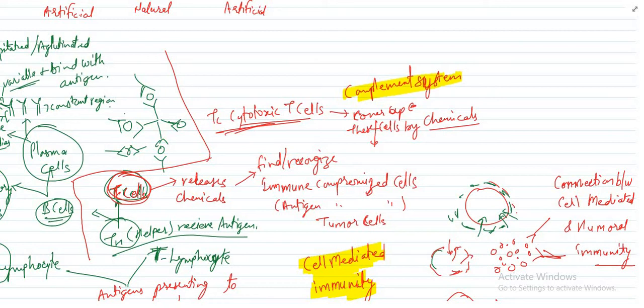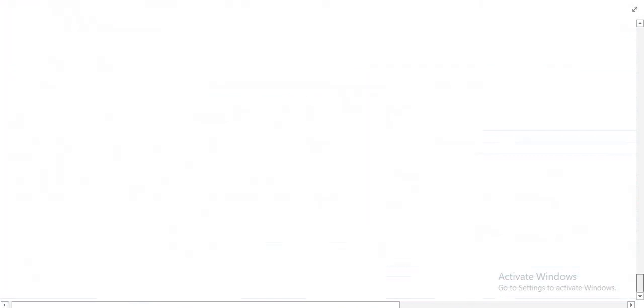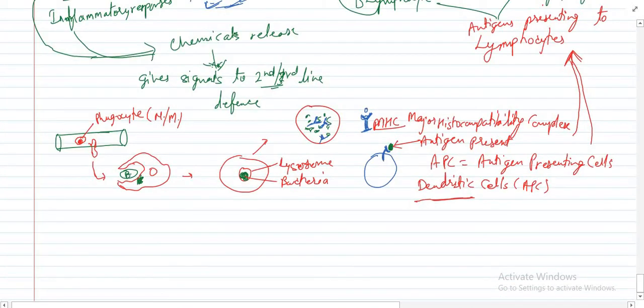These antibodies help the newborn baby to fight against the pathogen, so that they can easily kill the pathogens and survive. Now I am making a flowchart of cell-mediated immunity and humoral immunity, so that you can easily understand how they work.